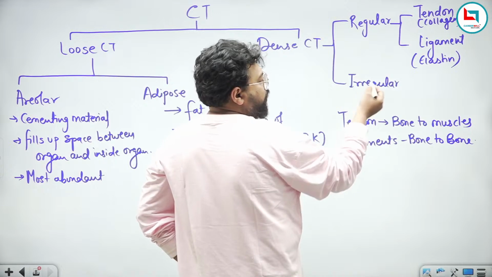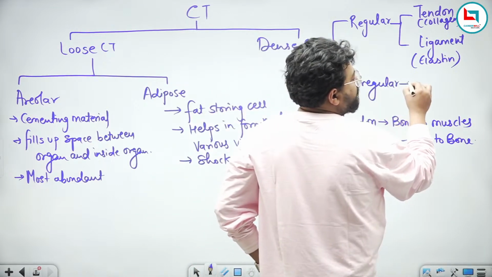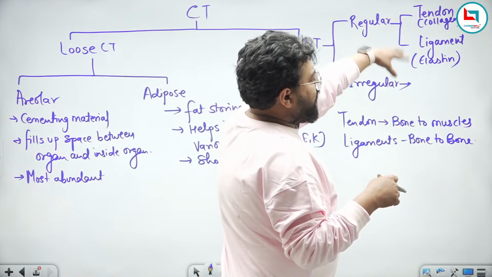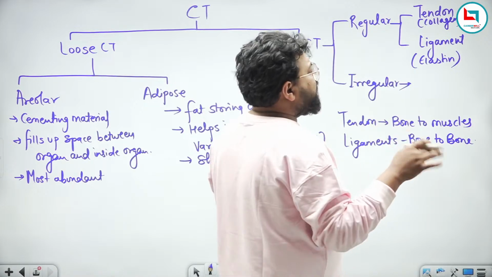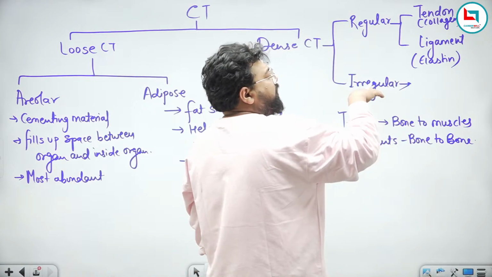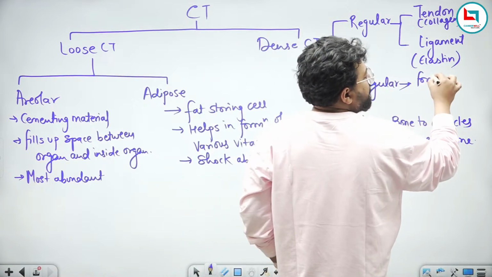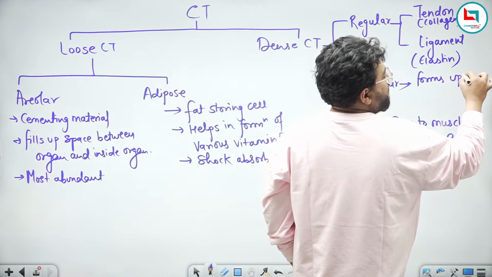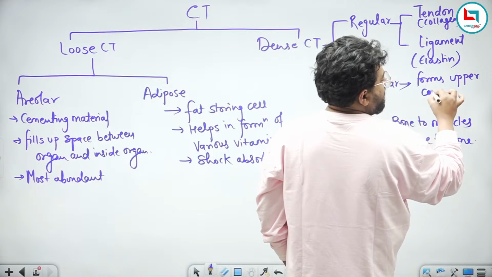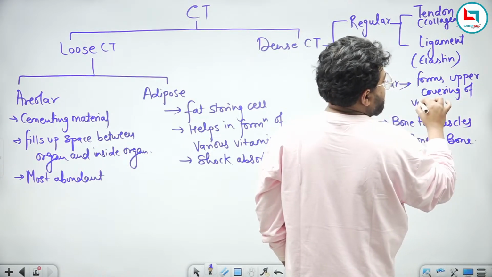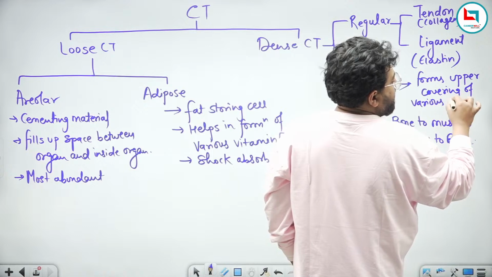Now, if we talk about the irregular connective tissues, in this type of tissue, the fibers like collagen and elastin are irregularly arranged, and these irregular connective tissues generally form the upper covering of various organs.